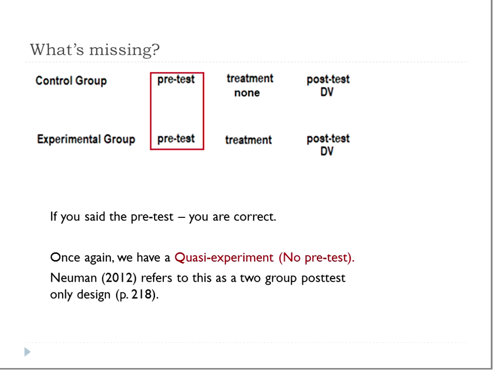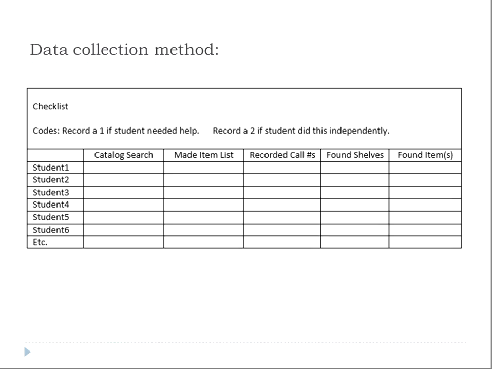Because they did not do a pretest, we once again have what is called a quasi-experiment. It almost does it. It meets a lot of the requirements of a true experiment, but not every single one. Now, Newman refers to this as a 2-group post-test only design. It's the same thing. It falls under that quasi-experimental research design category.